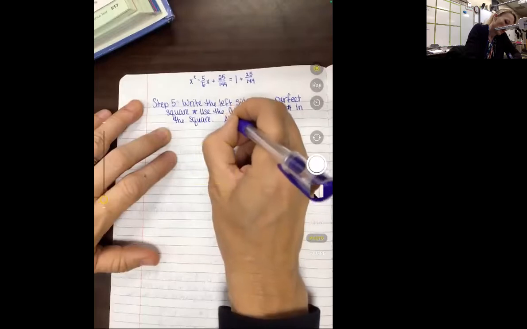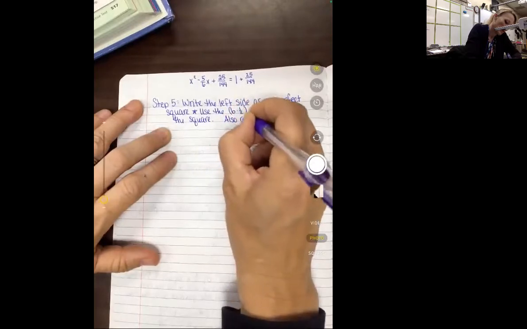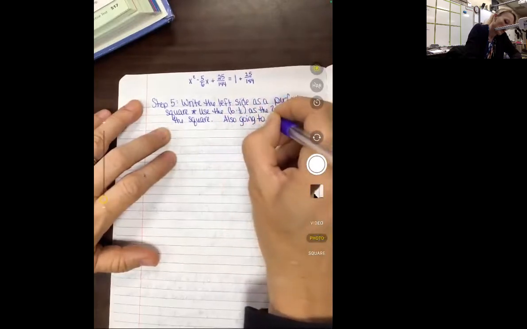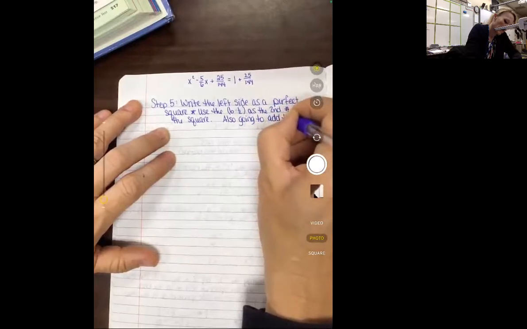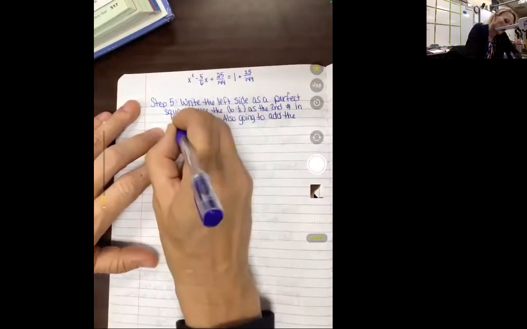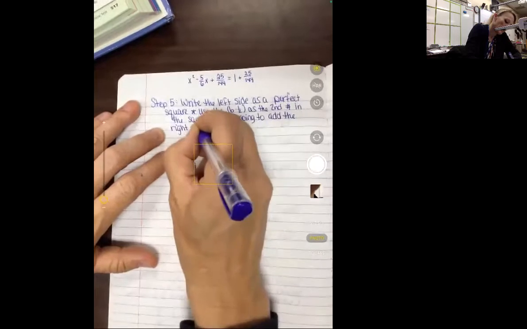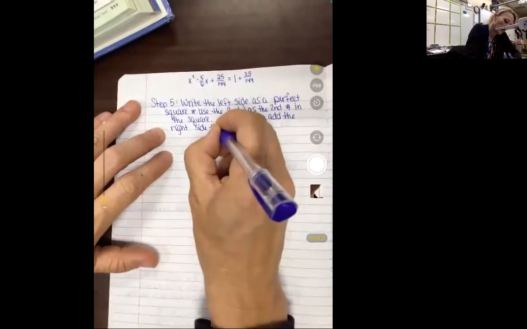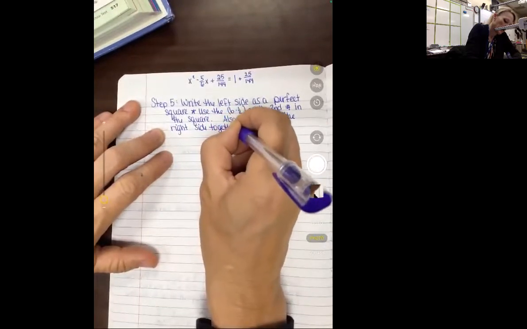And then we are also going to add the right side together. So we're going to do both those things in this step.